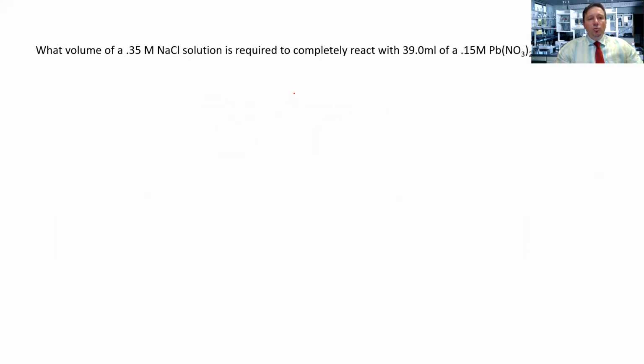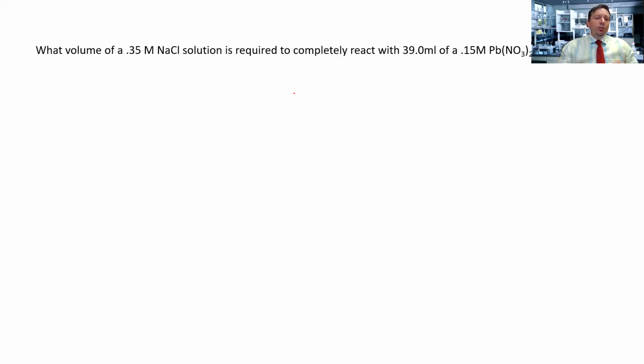So let's look at this first one. You might want to pause the video, and work it, and see if you can get the correct response to these. What volume of a 0.35 molar NaCl solution is required to completely react with 39.0 milliliters of a 0.15 molar lead nitrate solution?